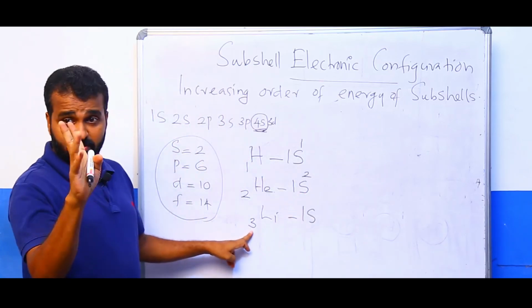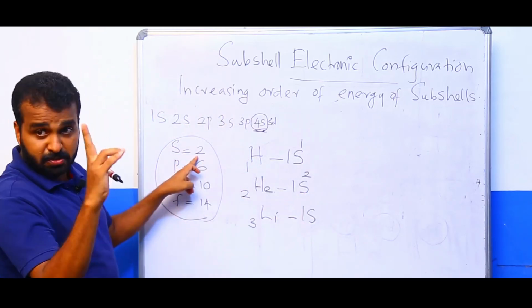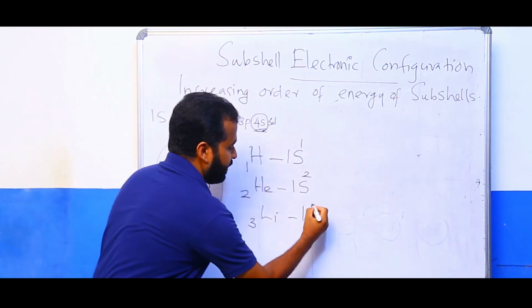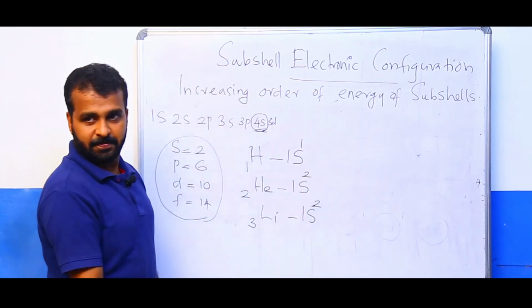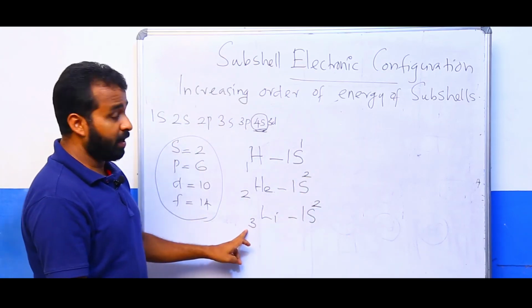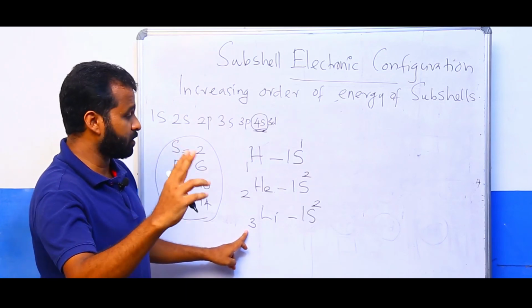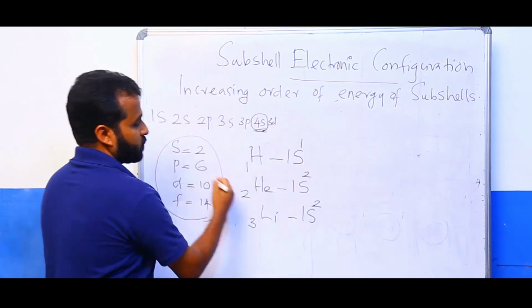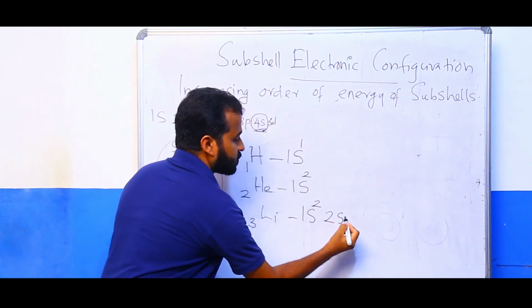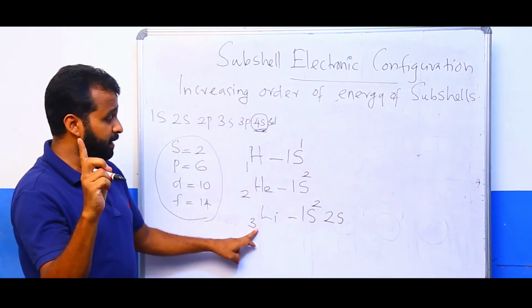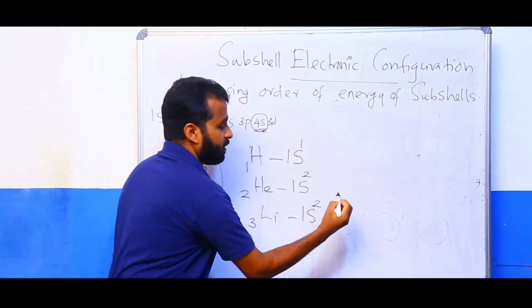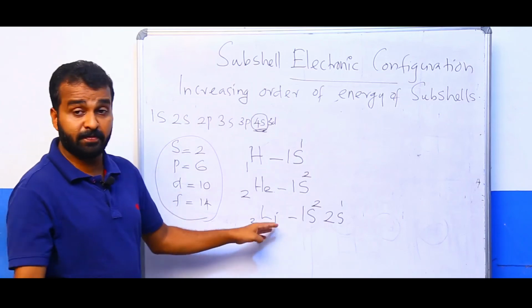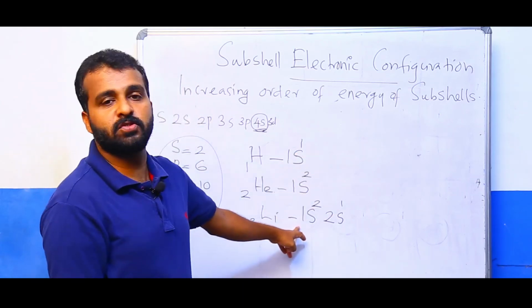We have 3 electrons, and s can accommodate a maximum of 2 electrons, so 1s2. Then we have one more electron, so that electron goes to the second subshell, 2s. Only one electron remains, so 2s1. So the subshell electronic configuration of lithium is 1s2, 2s1.